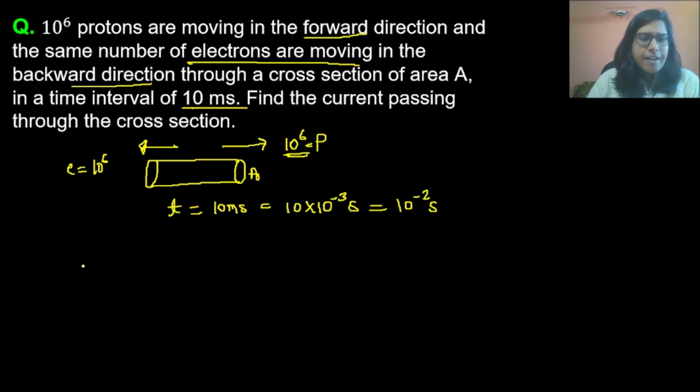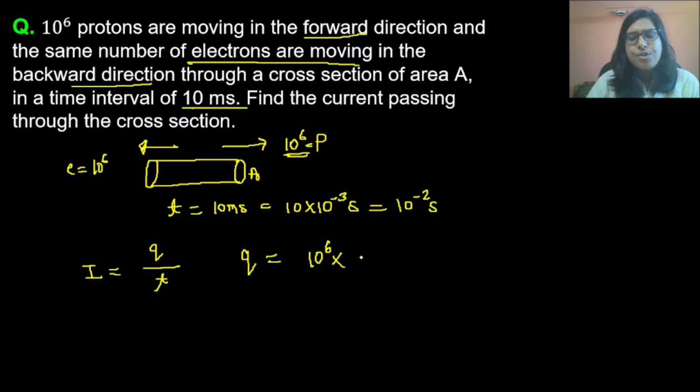Now what is the current? Current is the total charge flowing through the cross section of the wire in unit time. Now we have to calculate the total charge. Total charge will be the number of protons into the charge on a proton, that is 1.6 into 10 raised to power minus 19. Now electrons are moving in the opposite direction, so we will subtract.